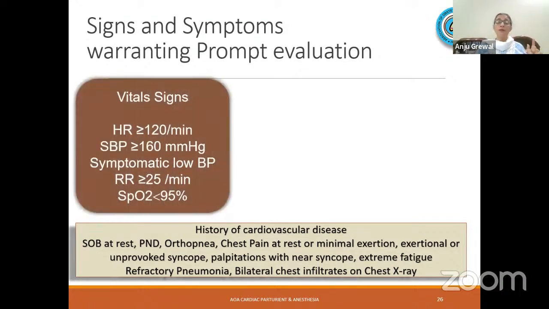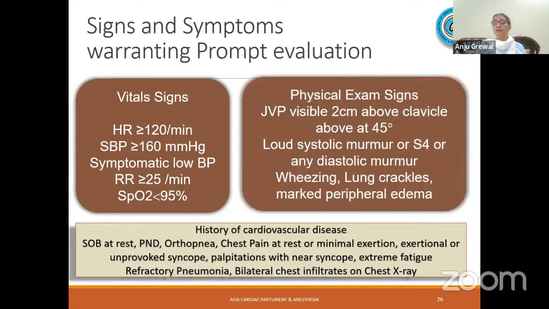You must examine her. And if you find persistent tachycardia, hypertension, or a symptomatic low blood pressure, a tachypnea which is beyond 25 breaths per minute, and a saturation below 95% at room air, with signs like visible JVP 2 centimeters above the clavicle with the mother at 45 degrees, a loud systolic murmur.